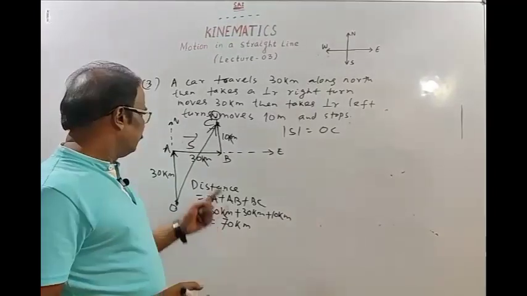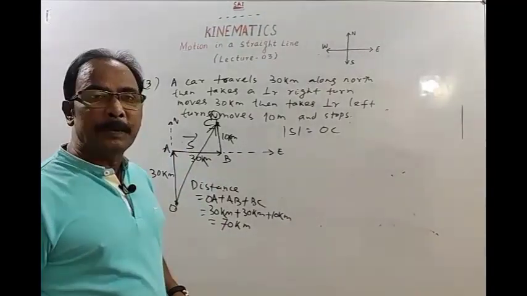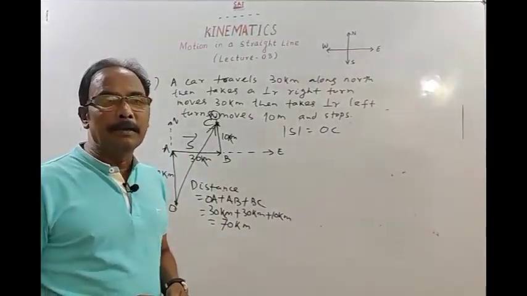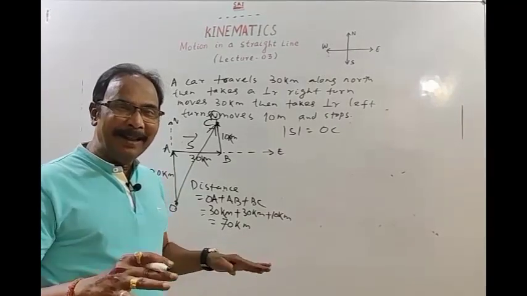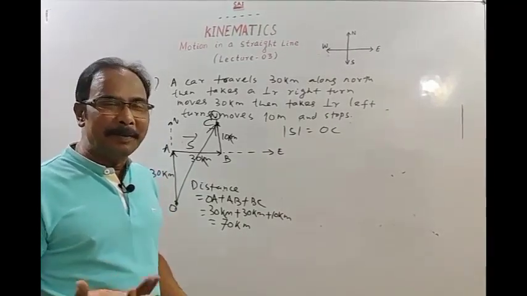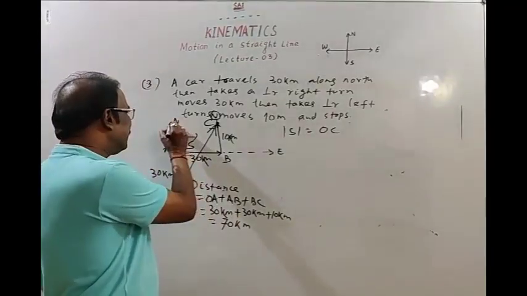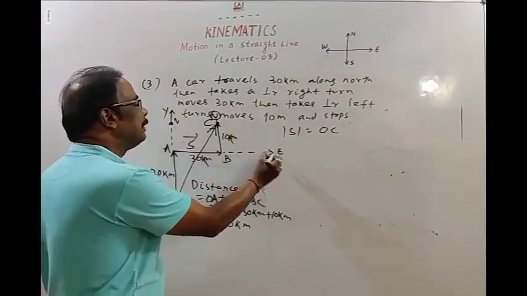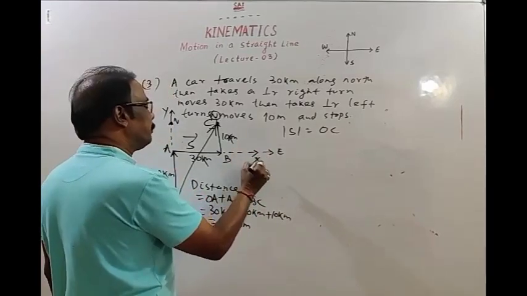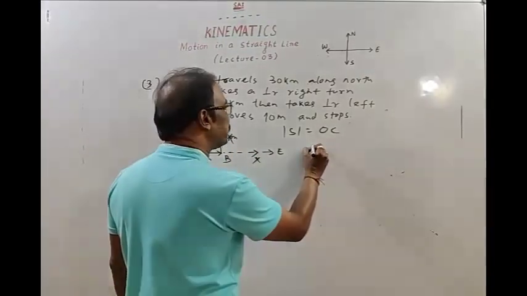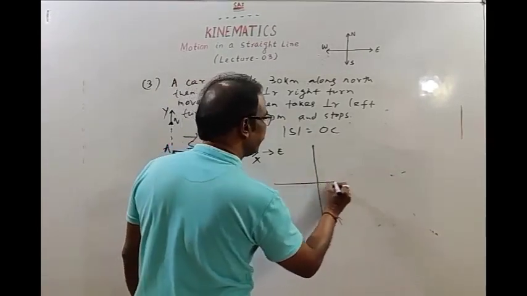If the displacements given in respective directions are represented by taking a coordinate system, motion on a plane along x-axis and y-axis, then it will become very easy. Direction north is along the y-axis, direction east is along the x-axis. Okay. Let's represent the respective displacements.